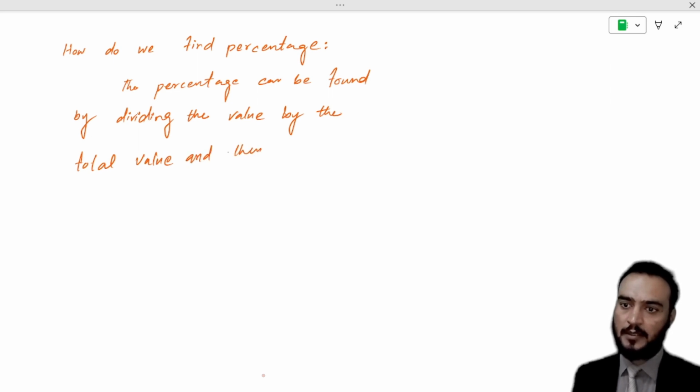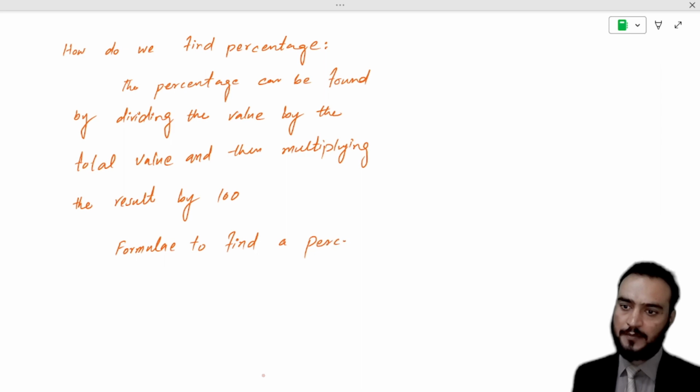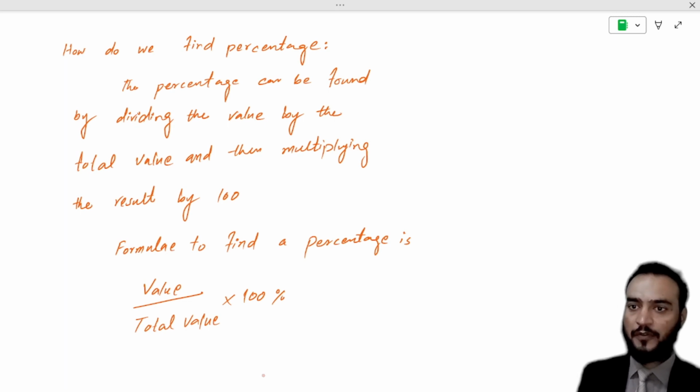And the formula to find a percentage is value divided by total value multiplied by 100%. So this is how we find a percentage.